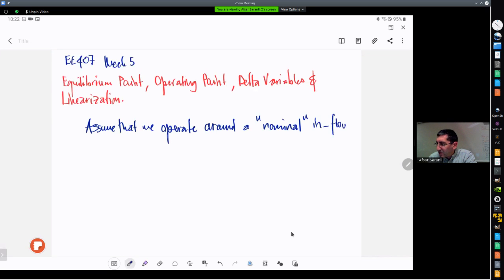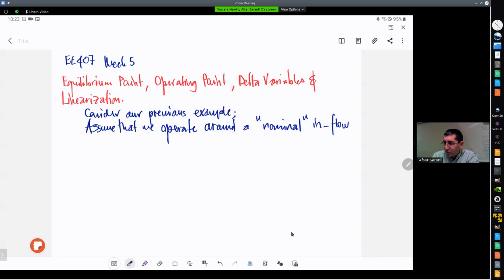We still consider the same example, our previous example, that means the tank with free outflow. And we assume that we operate around the nominal inflow rate.